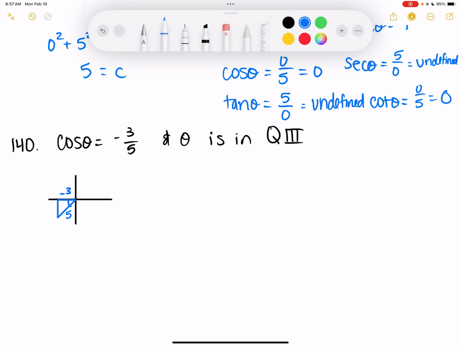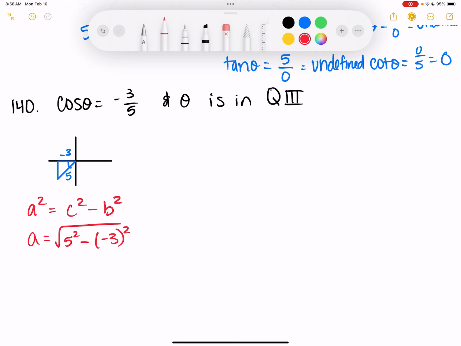So I need to find the other side, which is, in this case, I'm solving for one of the sides. So I'm just going to say a squared is equal to c squared minus b squared. Okay, so that's just the hypotenuse minus one of the sides. So a is the square root of 5 squared minus negative 3 squared.